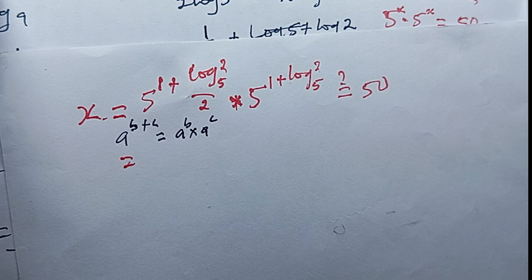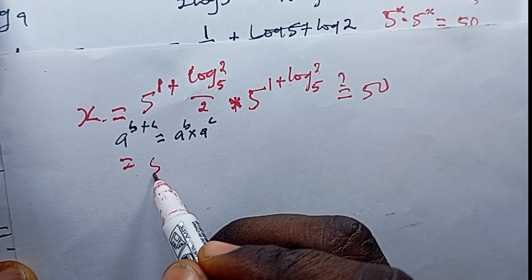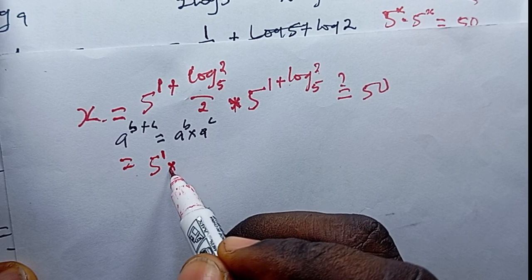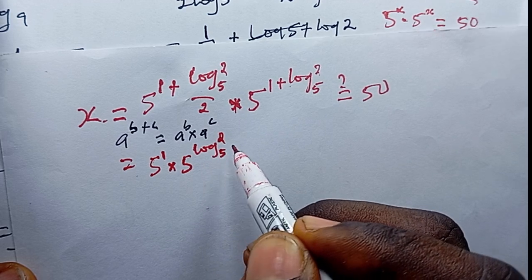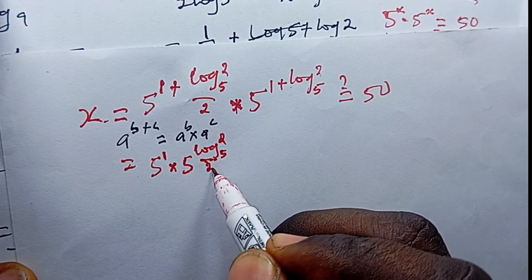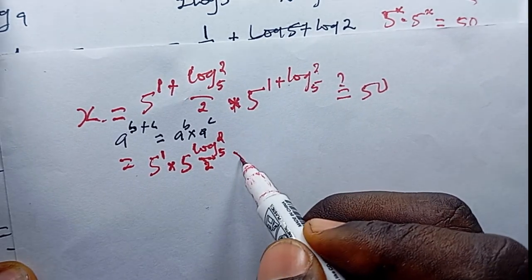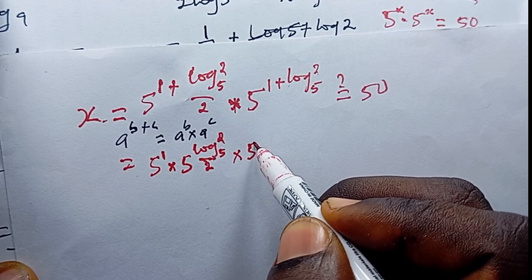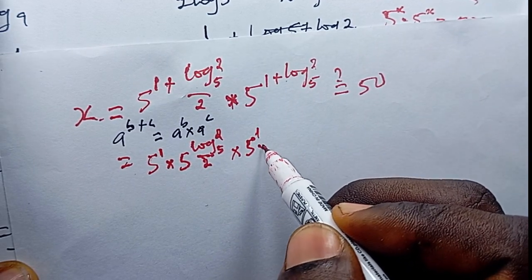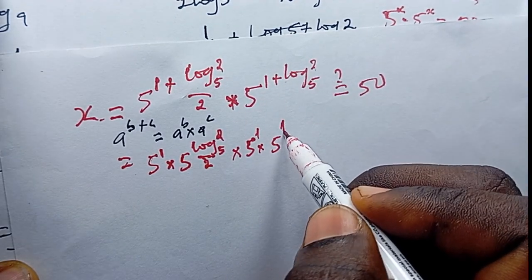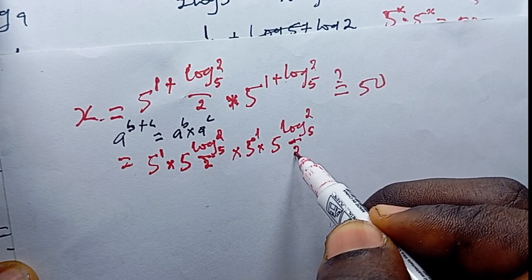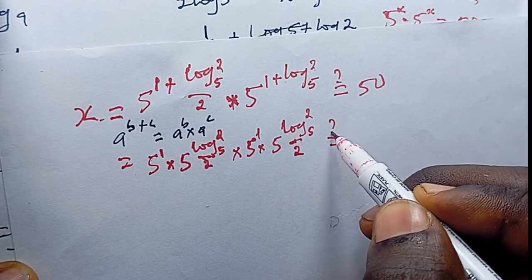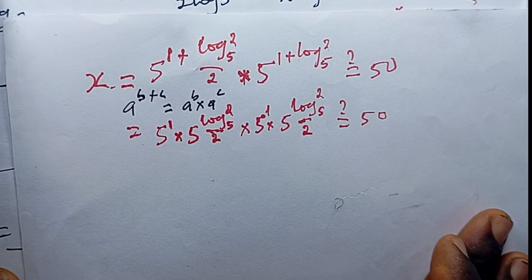So we're going to use that to simplify this, and we'll have 5 power 1 multiplied by 5 power (log 2 base 5 divided by 2), and then multiplied by 5 power 1 multiplied by 5 power (log 2 base 5 divided by 2). Then we want to find out whether this will be equal to 50.